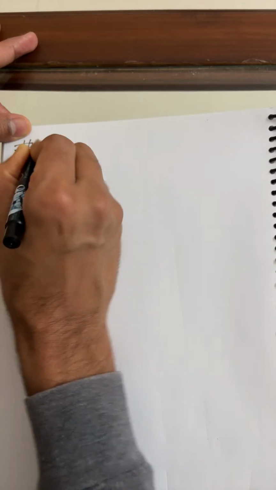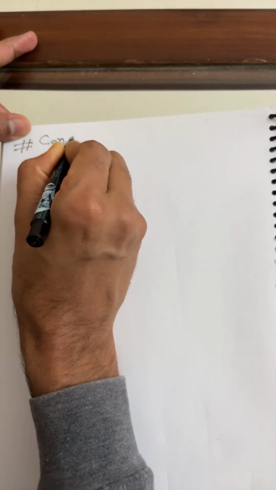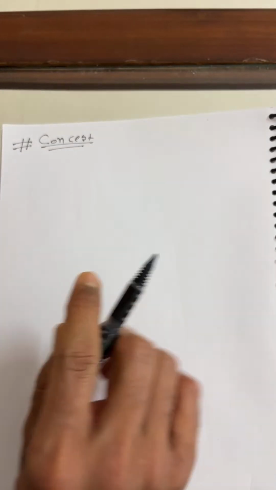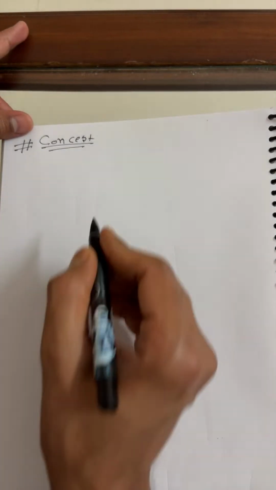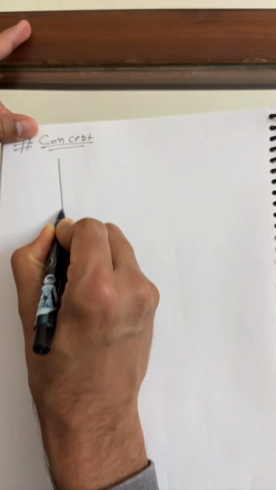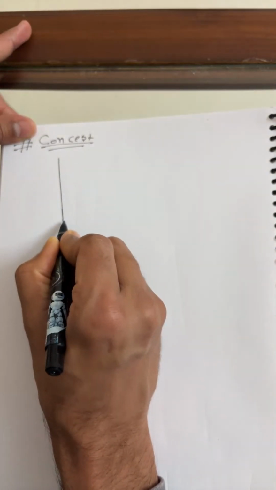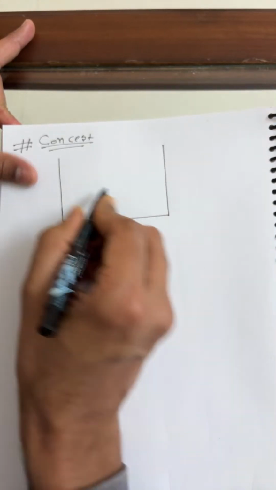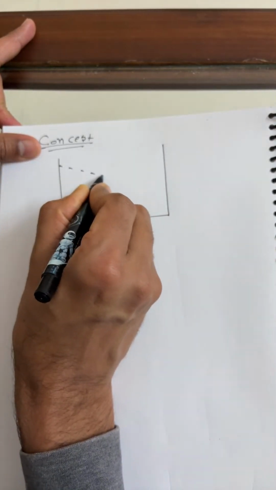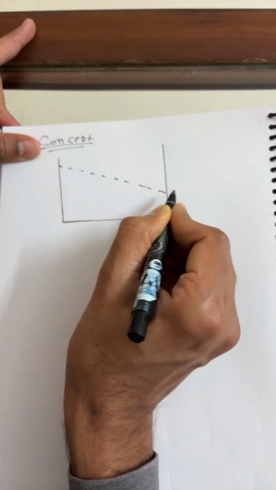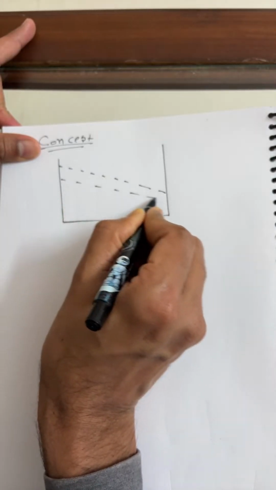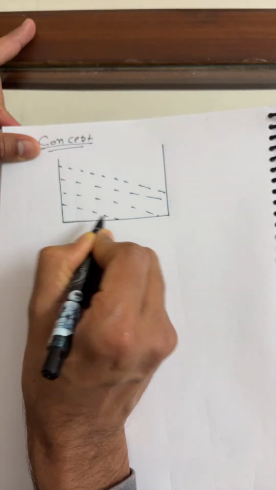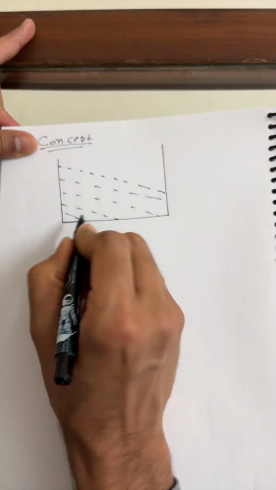Let us suppose, it's a concept for accelerated fluid in horizontal direction. You can think like this: this is the container. I don't want to turn the page with more time, that's why I'm making the diagram over here.